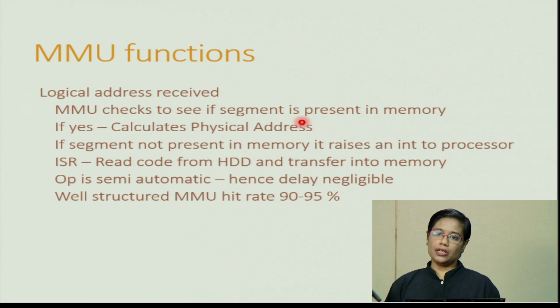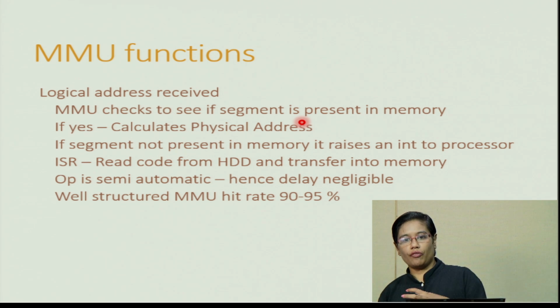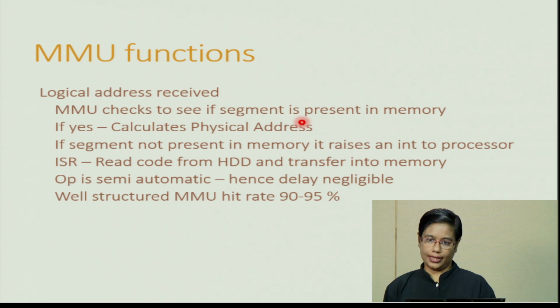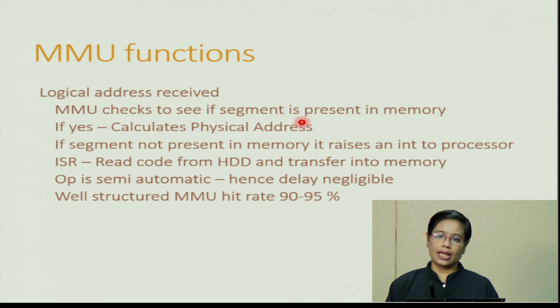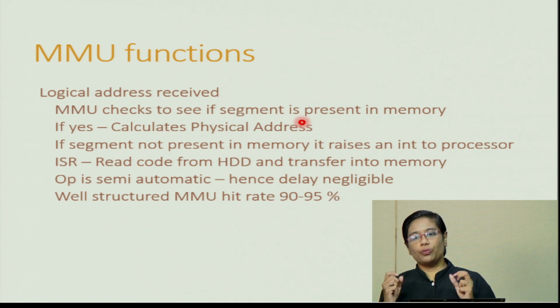If the segment is not present in memory, it raises an interrupt to the processor. And as part of the ISR, the operating system reads the code from the hard disk drive and transfers it into memory. So that is the function of the memory management unit: to detect whether a segment is present. If the segment is not present, raise an interrupt. If the segment is present, it converts the logical address to the physical address. So this is the virtual memory part of the MMU.